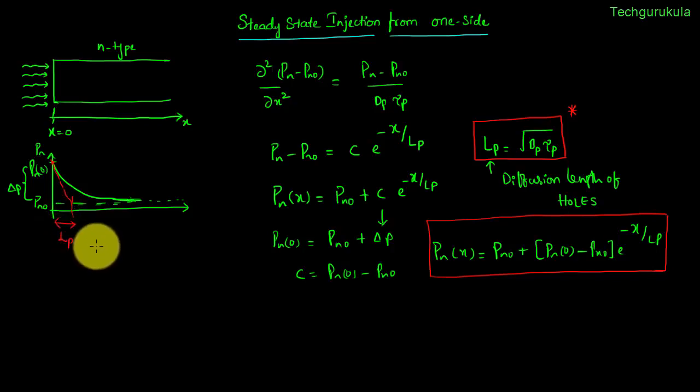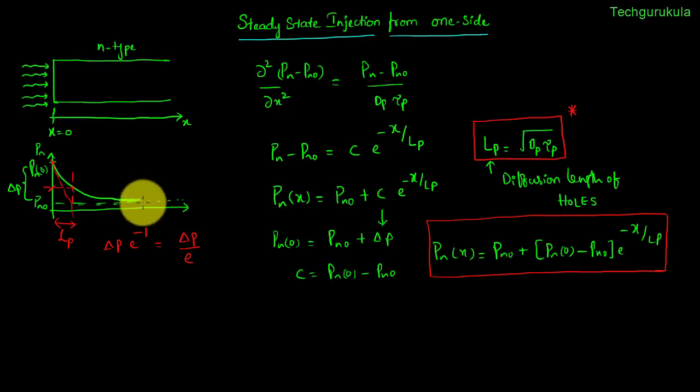In other words, the concentration at x equal to 0 is delta P, and at x equal to Lp, the concentration would have become delta P times e power minus Lp over Lp, which is 1. So we can say the initial concentration would have dropped to 1 over e times the initial concentration when we reach the diffusion length.